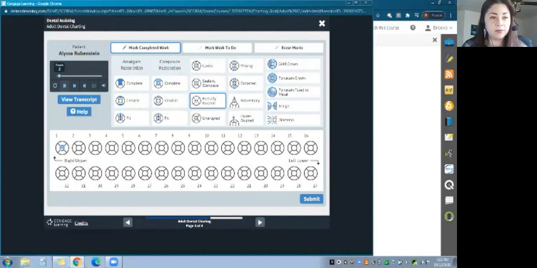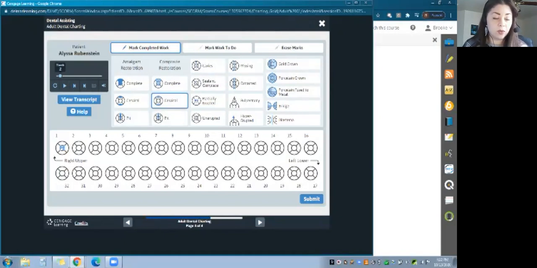He did not say amalgam, so we're going to say it's composite. Class 5 is a cervical restoration, and they said on the buccal.